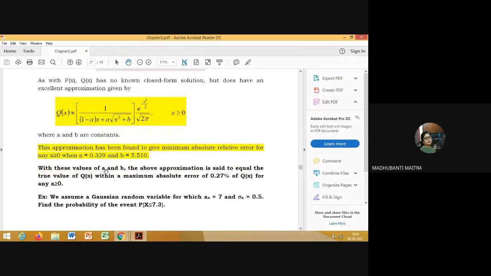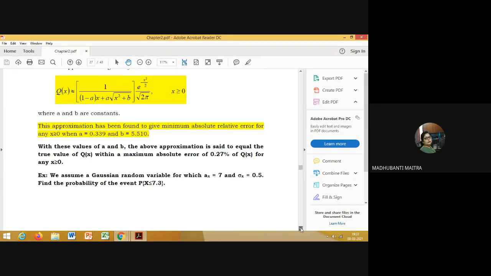With these values of a and b, this approximation is said to equal the true value of Qx within a maximum absolute error of 0.27% of Qx. That means the approximate value of Qx can deviate from the actual value of Qx at most by this percentage. These two values will generate minimum absolute relative error.